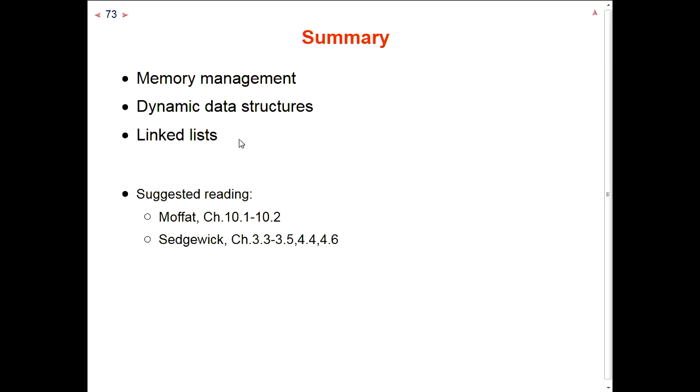We use that for dynamic data structures, and in particular we looked at linked lists that you should be very familiar with from 9.021 already, and seen how we can use that concept in C, and what we have to do if we have to manage memory ourselves. A few sections in the two books deal with these issues that we looked at in this chapter.